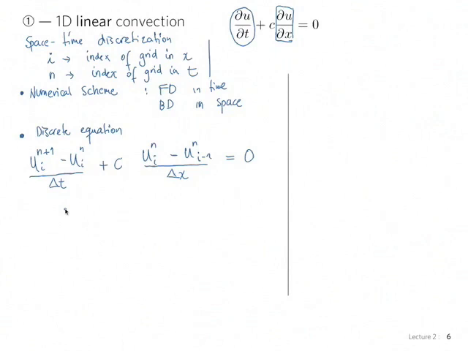And once we get n plus 1 for every single point i, we're going to go to n plus 2. That's why this is called time marching. It's going to be a time marching calculation. So what we need to do is isolate this only unknown for a given step in time. There's only one unknown, so we transpose.